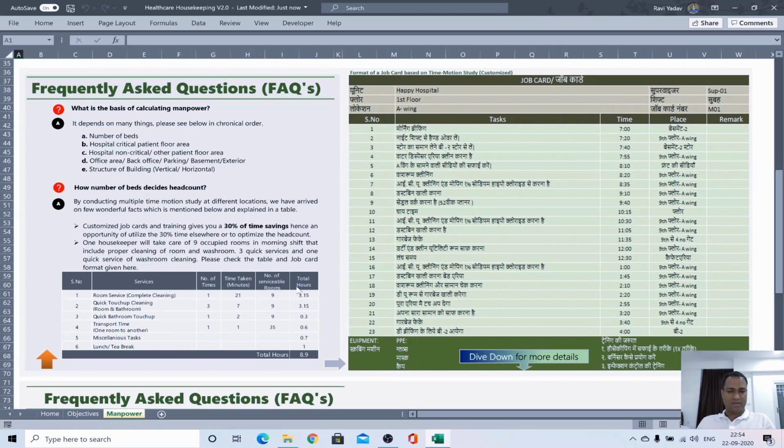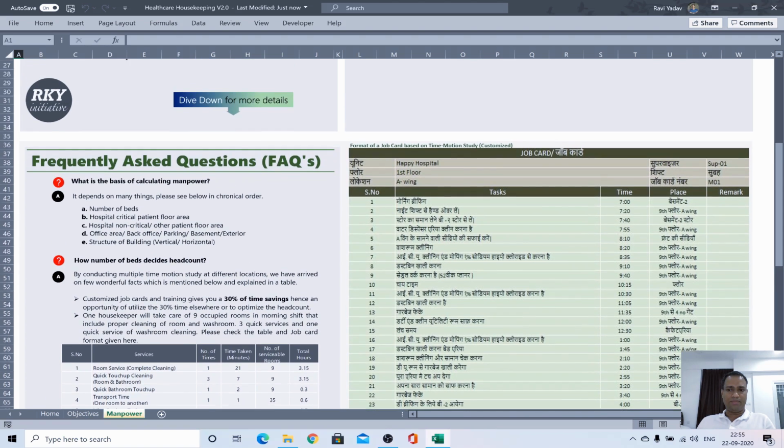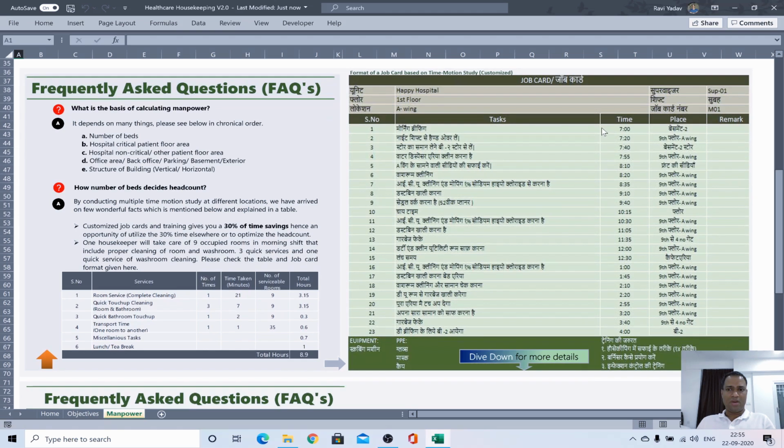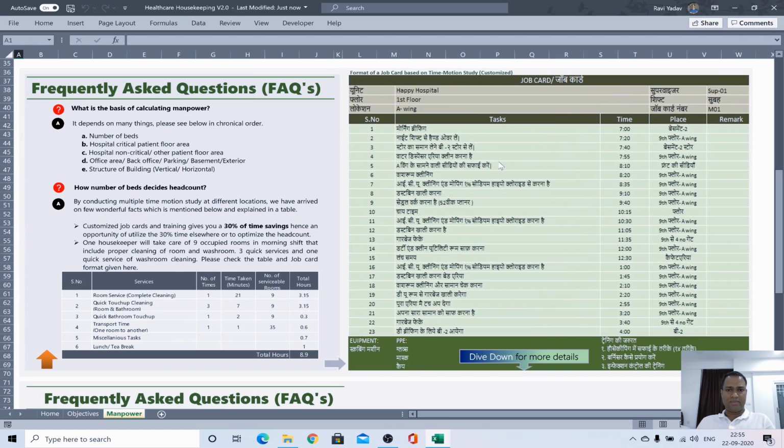You arrive at this result through this job card. It's actually a micro roster of what a person is doing every day. It's best to have it in their own language so that a housekeeping boy can understand, which is a betterment for both the organization and the boy.